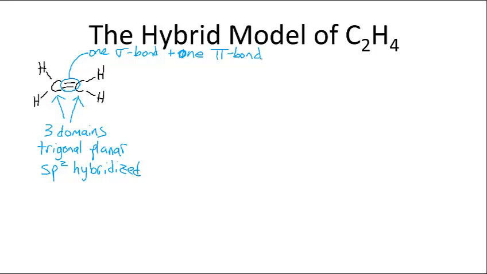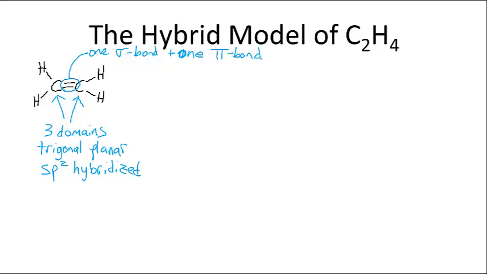So I'm going to actually make 2 drawings for this molecule. I'm going to make one drawing of the sigma bonds, and then I'm going to make a separate drawing for the pi bond, because it's hard to draw them both on the same picture. And then I'm going to show a model of what this molecule looks like.